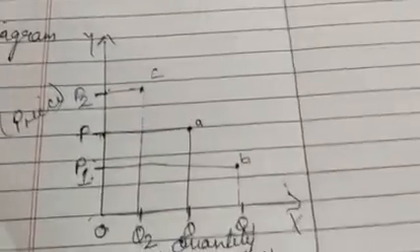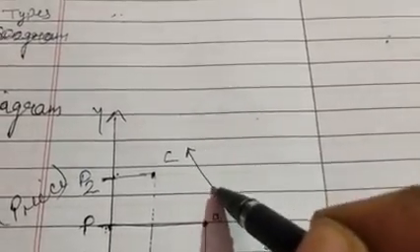This is your B. And then we'll join P2 to Q2. This is your C. All right. So movement from A to B will be downward. Movement from A to C will be upward.